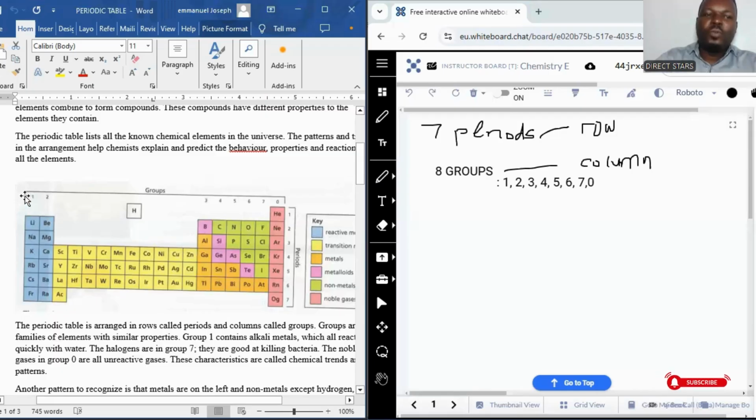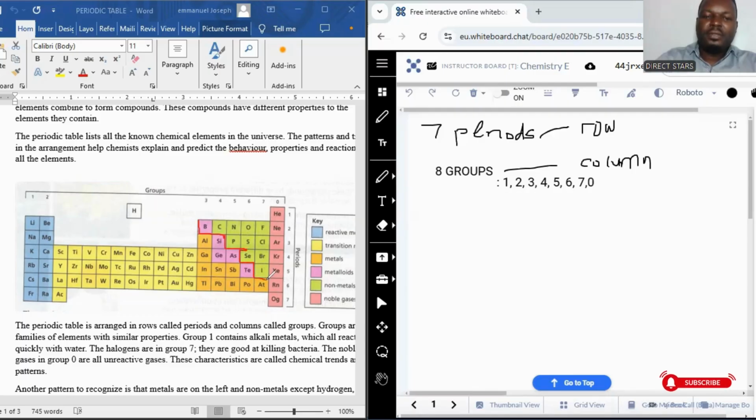The whole of group 1, group 2, that is this blue region, the entire yellow region here, and the orange region here all represent your metals. So it means your non-metals can be taken from this point.